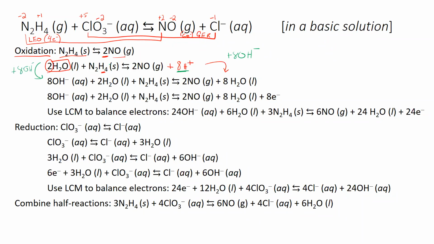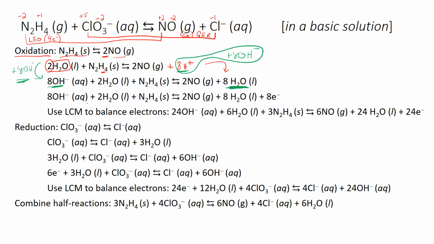When you do that, anytime you have an H plus and an OH minus, they make waters. So you combine them into waters there. And on the other side, those hydroxides don't do anything, so they just stay as hydroxides.